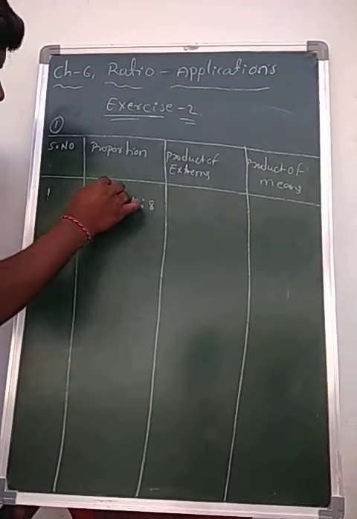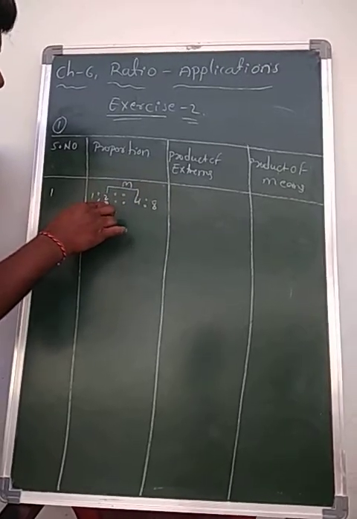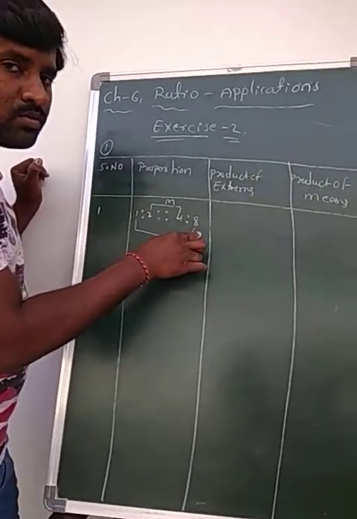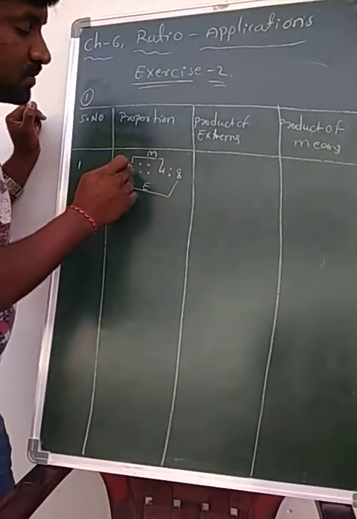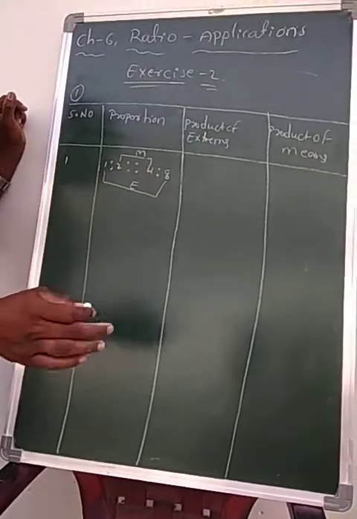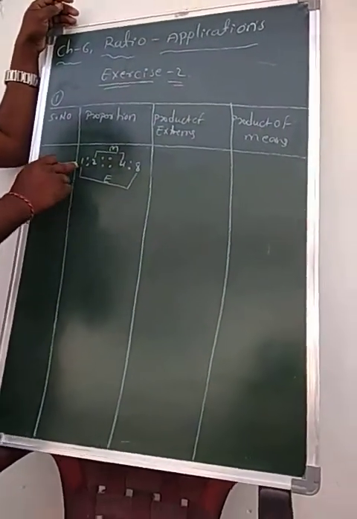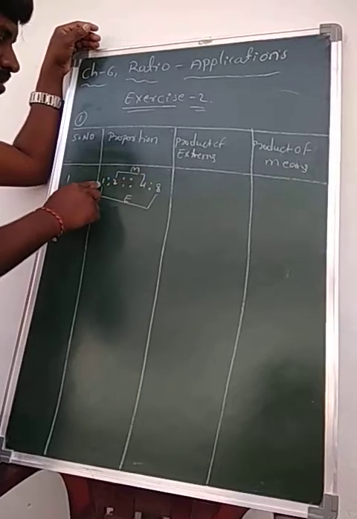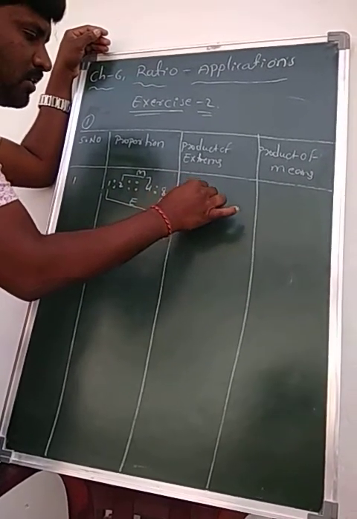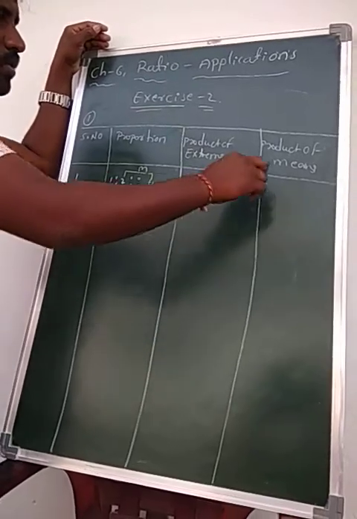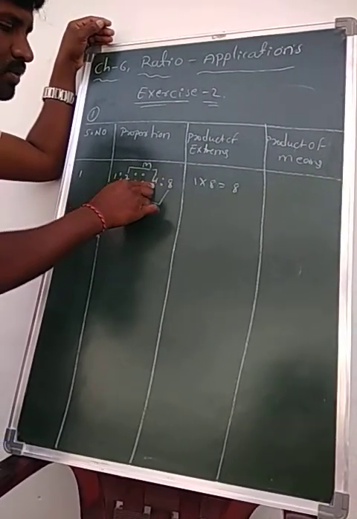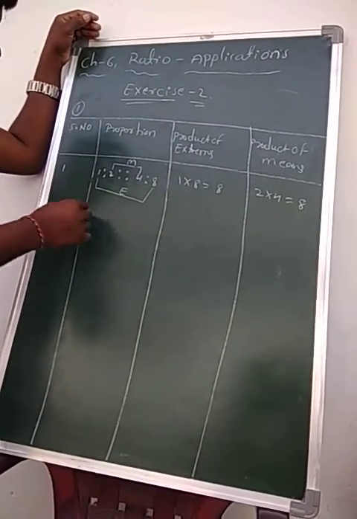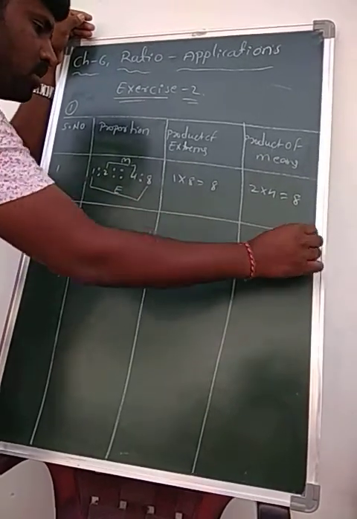The second term and third term in the middle are the means, and the first term and fourth term are extremes. Product of extremes is 1 into 8, that is equals to 8, and product of means, second term and third term, 2 into 4 is equals to 8. So like this you can fill the remaining boxes also.